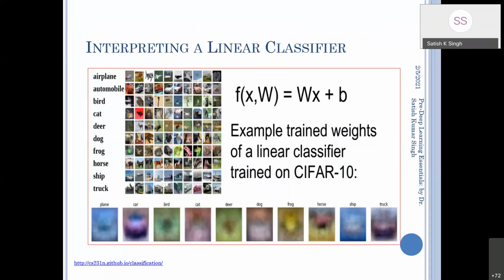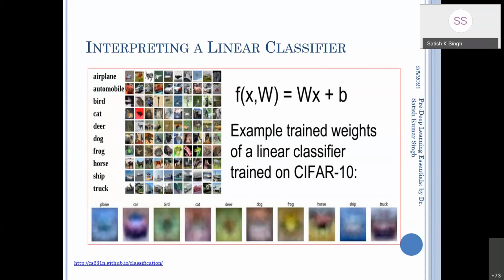So here, the linear classifier will be interpreted. For example, there were 10 classes, so those discriminant functions will be obtained. And for plane, car, bird, and all those things, there will be some representative values.